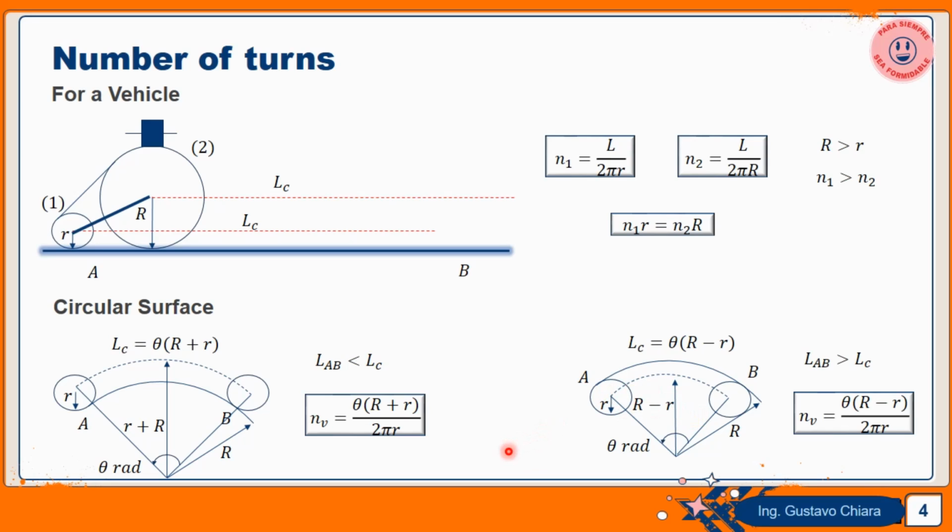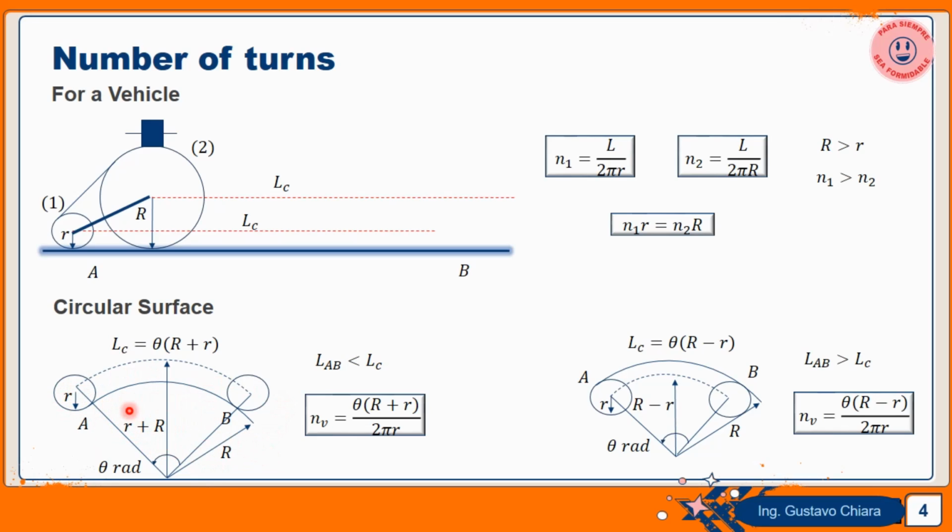So in this picture we define that the number of turns of the wheel is equal to the swept angle theta multiplied by the radius of the track plus the radius of the wheel, divided by 2πr.